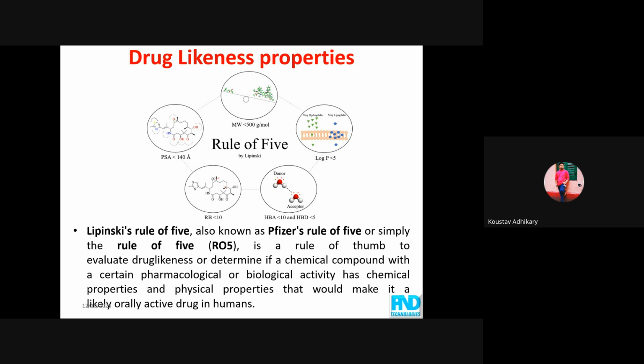Molecular weight will be less than 500 gram per mole. Log P will be less than 5. Hydrogen bond acceptor will be less than 10, and hydrogen bond donor will be less than 5.